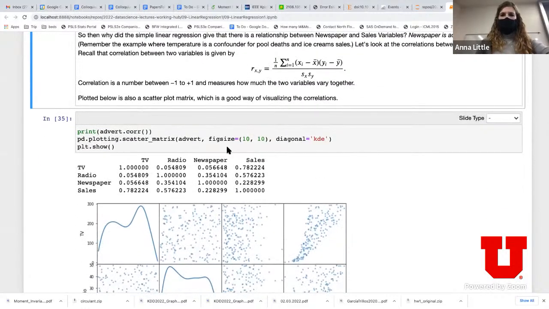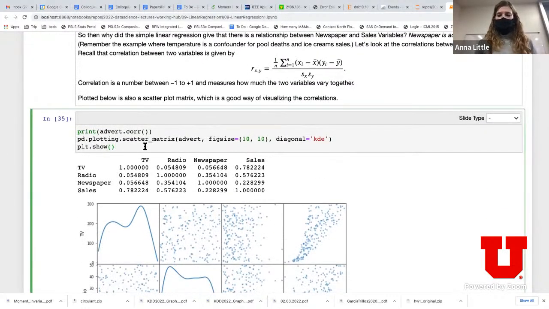Okay, so let's take a look. For this data set, what are the correlations between these variables? Along the diagonal, you'll just get ones because you have perfect correlation of TV with TV. But then we see a correlation of 0.05 of radio with TV, and a correlation of 0.35 with radio and newspaper.